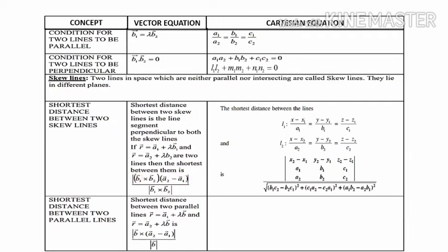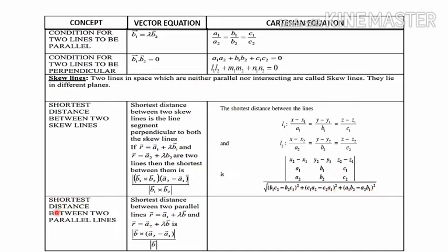Both are the same. It is |(b1 × b2) · (a2 − a1)| divided by |b1 × b2|, and the Cartesian form is the determinant with rows (x2 − x1, y2 − y1, z2 − z1), (a1, b1, c1), (a2, b2, c2), divided by the root of (b1c2 − b2c1)² + (c1a2 − c2a1)² + (a1b2 − a2b1)².